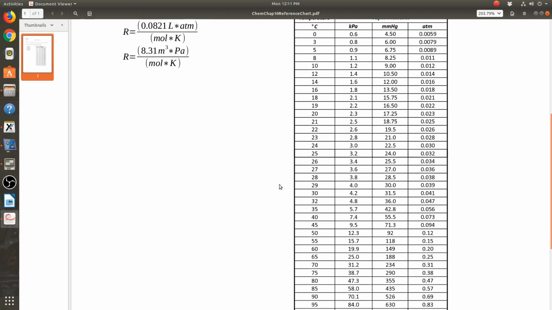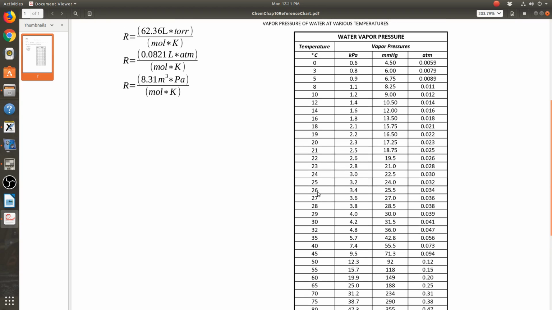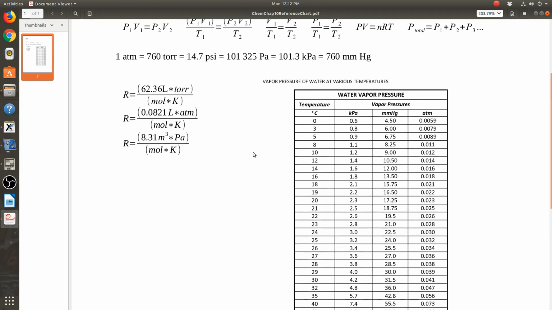So I had to go down to 25 degrees Celsius and look at the millimeters of mercury, 24.0. I didn't have to convert to ATMs and then change it to torr. I didn't have to say at 25 degrees Celsius it's 3.2 kilopascals and change that to torr, or 3.032 ATMs and change that to torr. All you had to do was say 25 degrees Celsius is 24.0 millimeters of mercury.